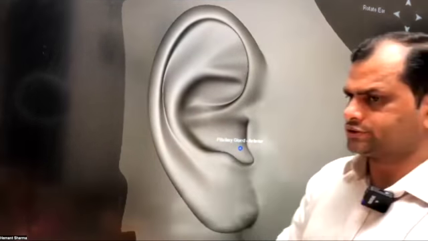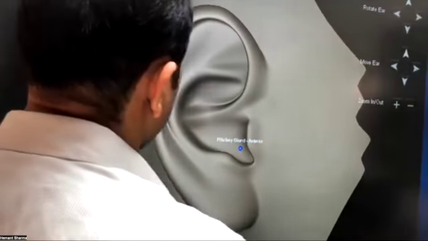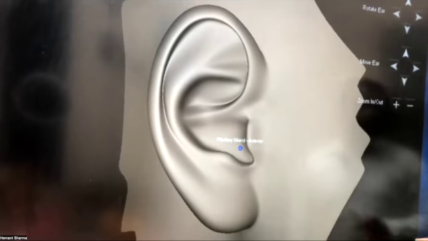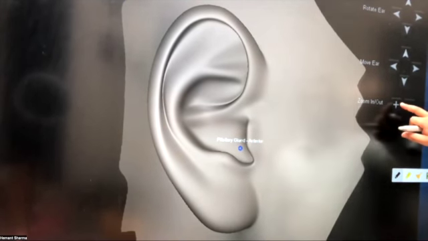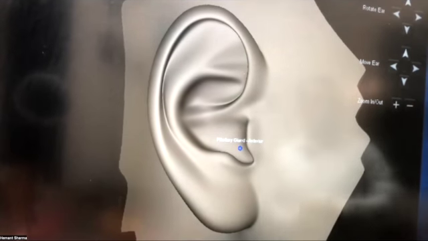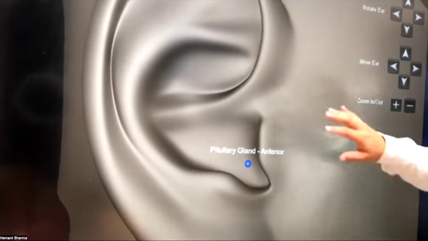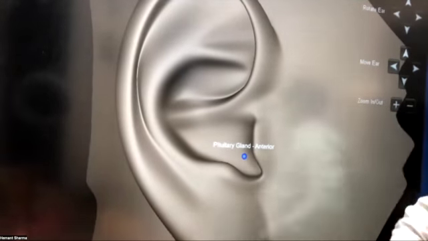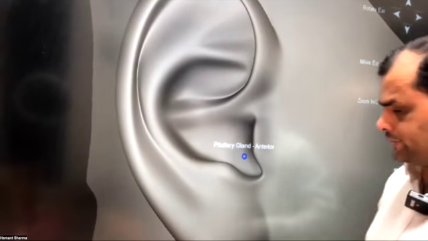So look at few things very carefully. Now look at the reproductive part very carefully.